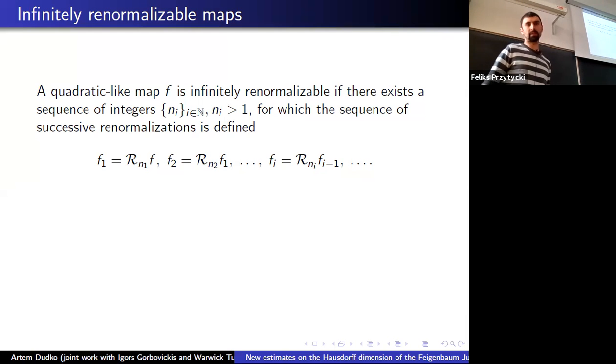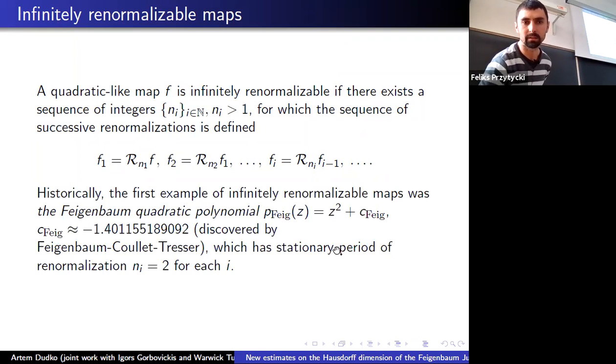And to remind, a quadratic-like map is called infinitely renormalizable if there exists a sequence of integers n_j such that we have a sequence of successive renormalizations defined. So we can apply renormalization to the first map with some period n_1, then to the second map with some period n_2, and so on.